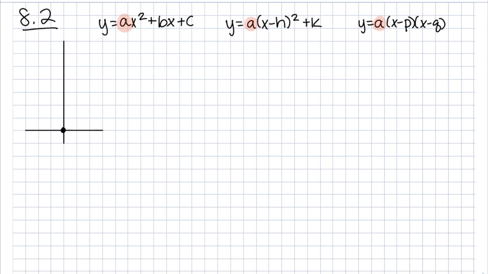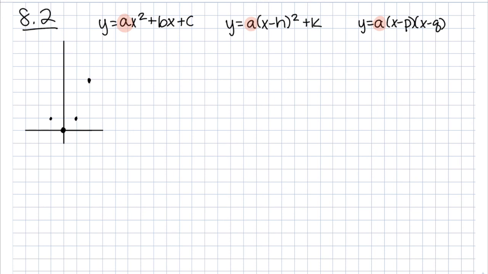So if you remember, our normal parent function goes through the origin, and you can go right one, up one to get to the next point, because 1 squared is 1. If you take 2 and you square 2, then you go up 4, okay? And then we can reflect those points.